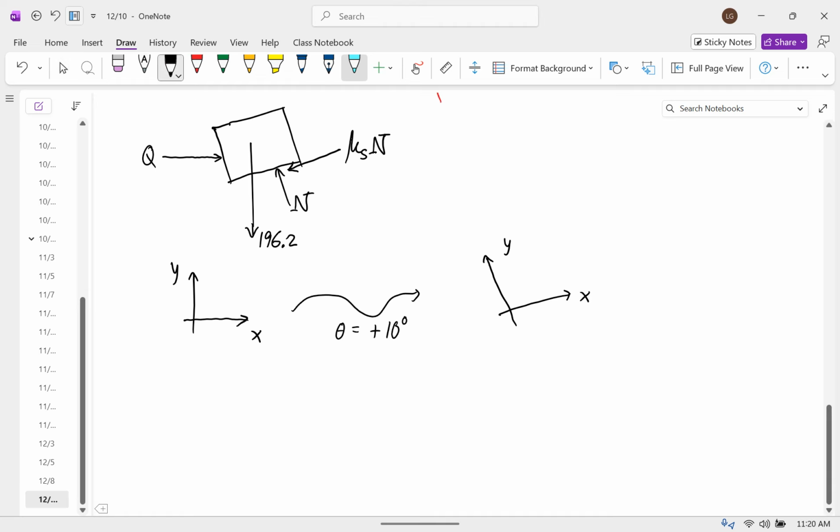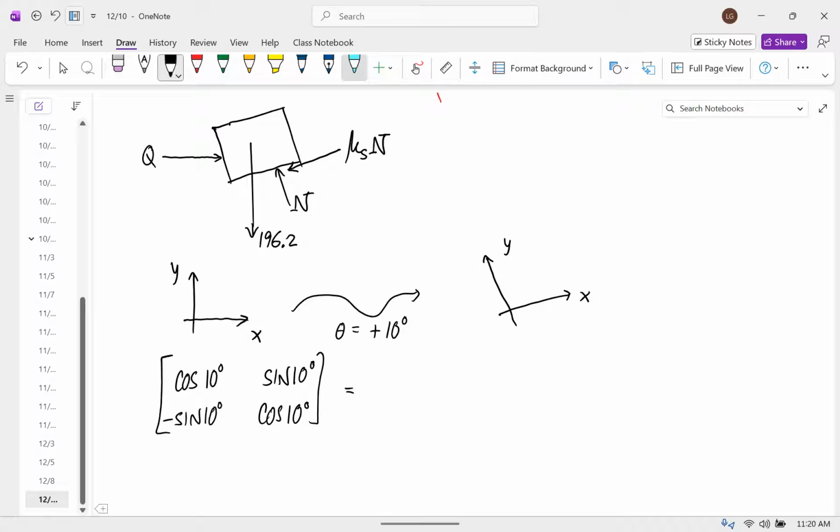And so my rotation matrix is going to be cosine of 10, sine of 10, negative sine of 10, cosine of 10, which is 0.985, 0.174, negative 0.174, 0.985.